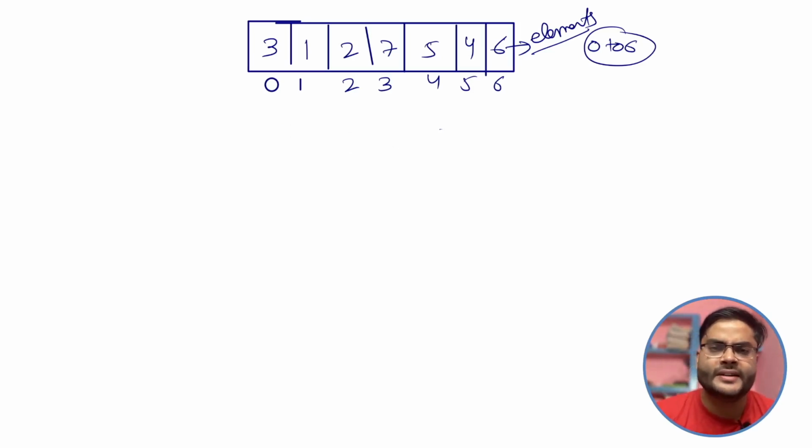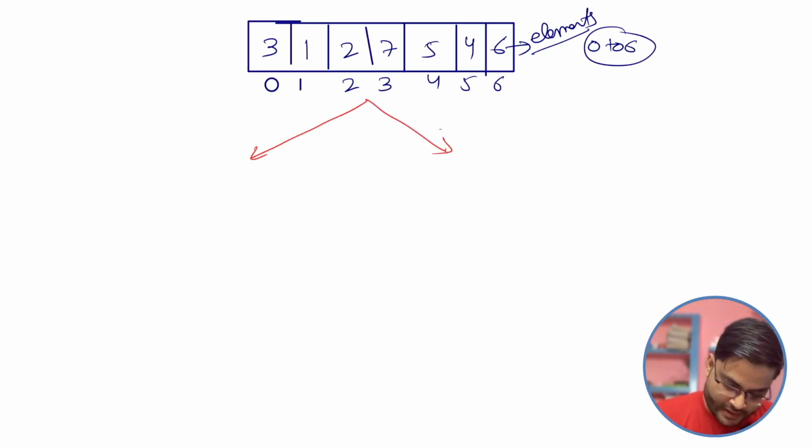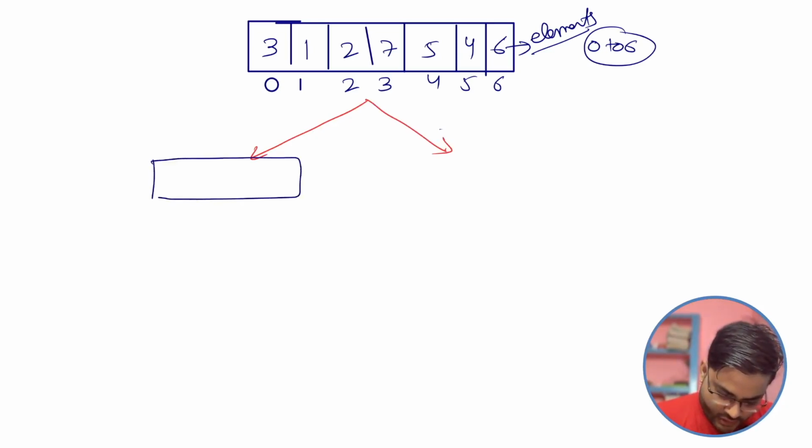As I told you, it is a divide and conquer algorithm. It breaks our problem into subproblems. Right now our problem is a bigger problem, so let's break it into smaller problems. I want to break it equally. If there are 6 elements, I can break 3 and 3. If there are 7 elements, I can take 4 and 3, or 3 and 4, in each partition.